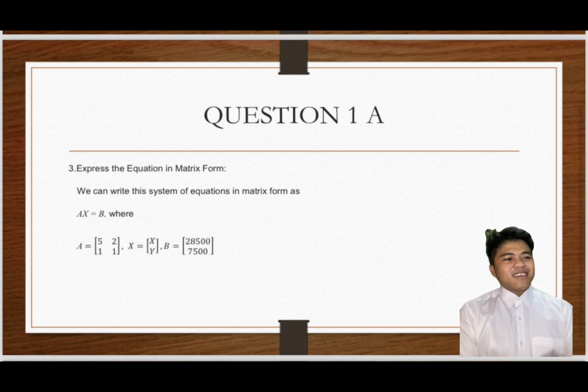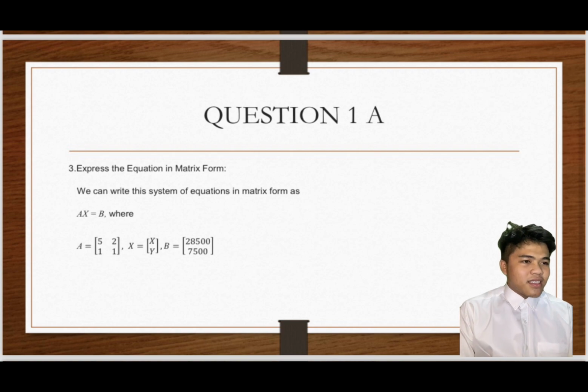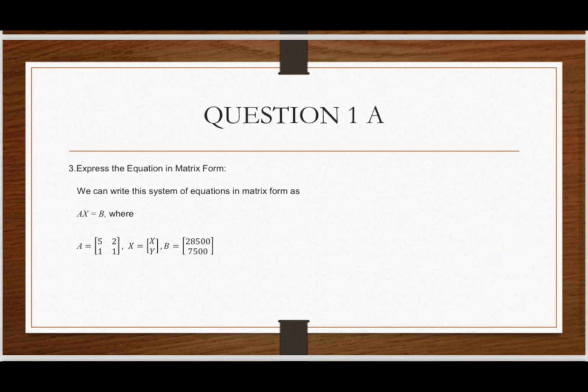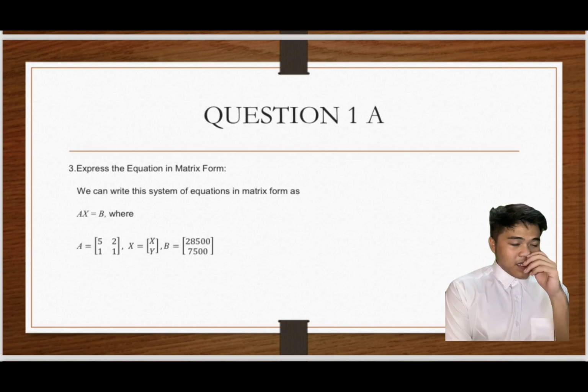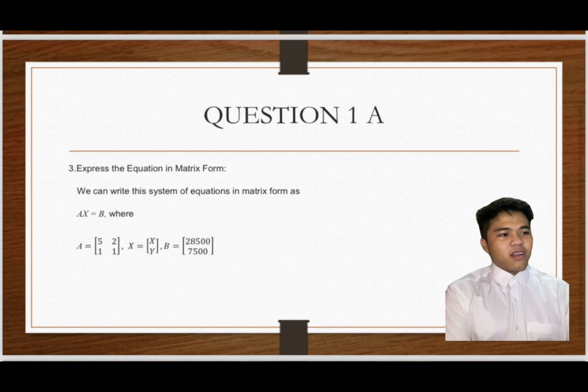Step 3 is to express the equation in matrix form. We can write the system of equations in matrix form as AX equal to B, where A, first column is 5 and 1, and the second column is 2 and 1.